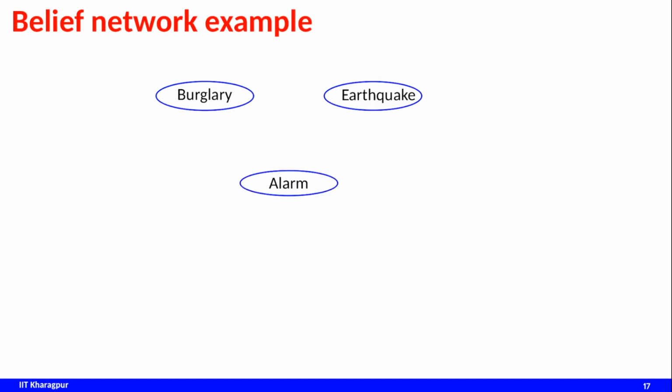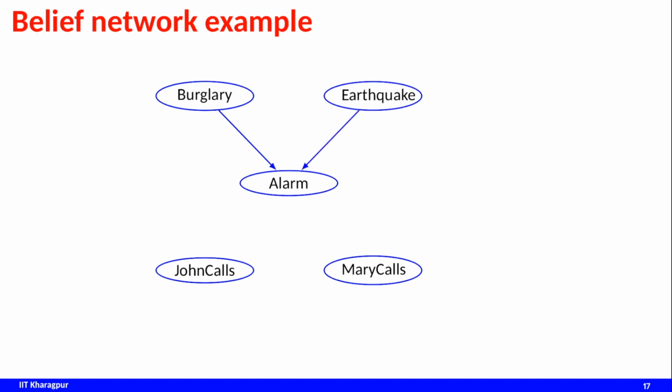Then the alarm can go off, so alarm is another variable. The other two variables are John calls and Mary calls, the events that we can see. Now for the dependency part, if there is a burglary, then the alarm can go off. So definitely burglary will influence the alarm. Similarly, earthquake can also influence the alarm.